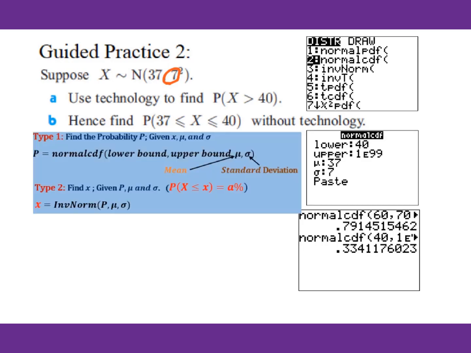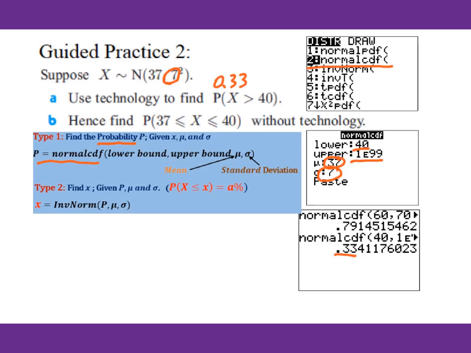Since this is a probability problem, you have to use normal CDF. We will put the lower one as 40. Upper one is 1 times 10 to the 99th power. We will put mean 37, standard deviation is 7. Then press enter, and you will get 0.33.